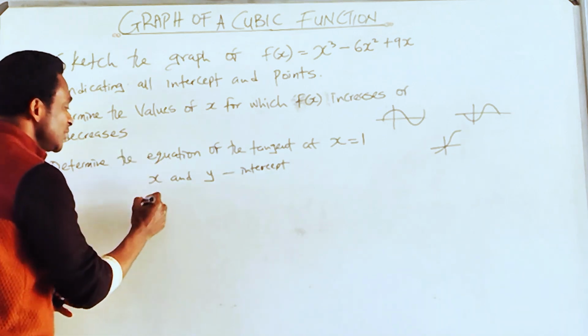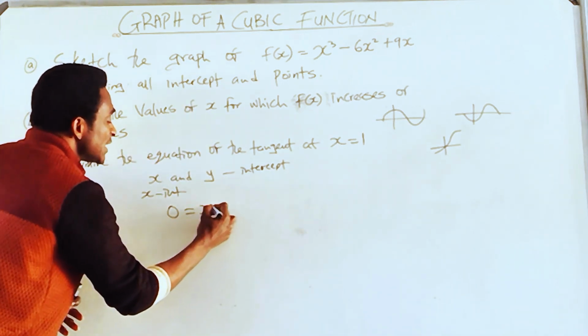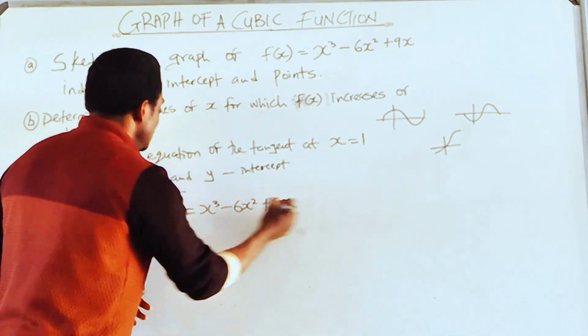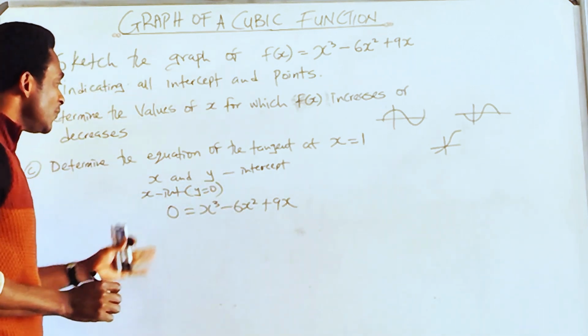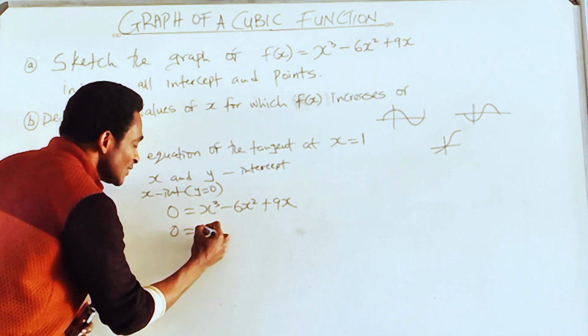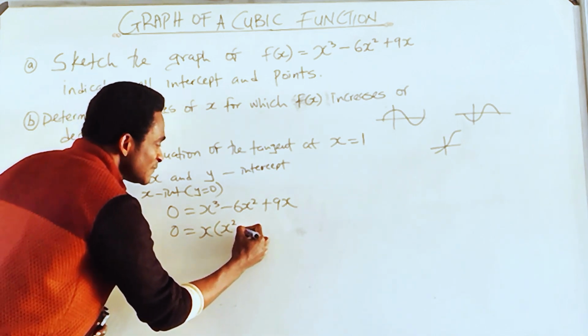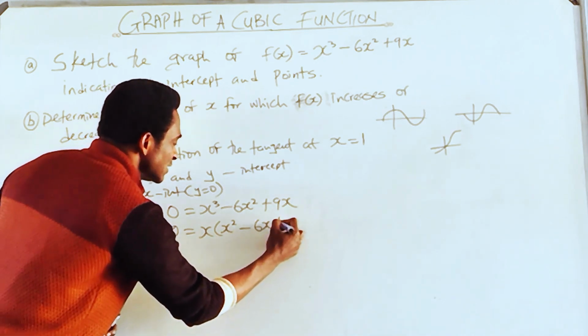So first of all, let's go to x-intercepts. For x-intercepts, in the function we make y 0. And then we check which method will work for us. Now, let's try factorization. If we take out x, that's the common factor, we have x squared minus 6x plus 9.